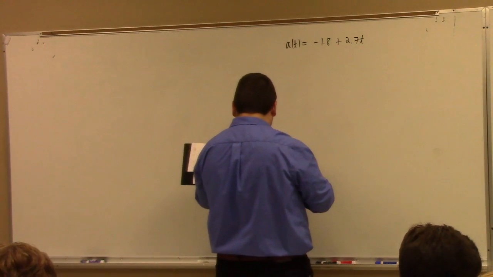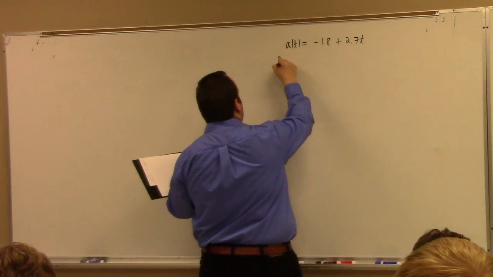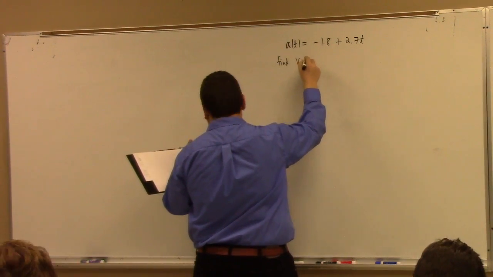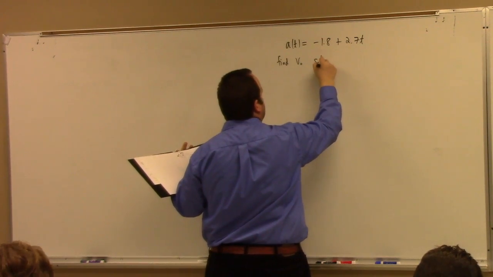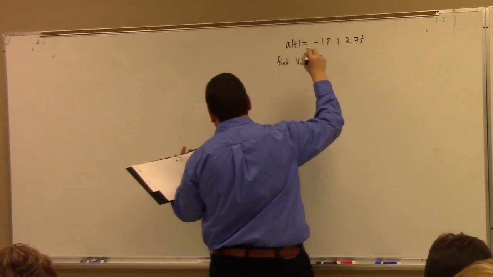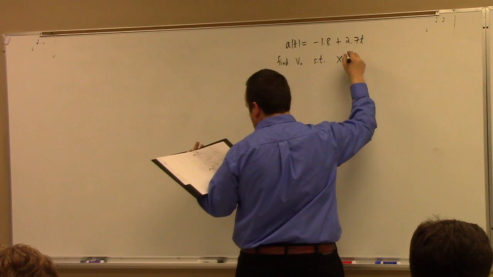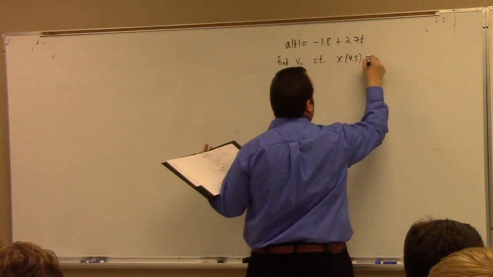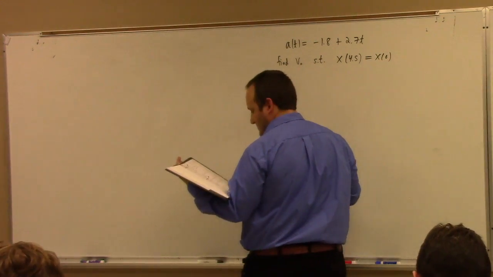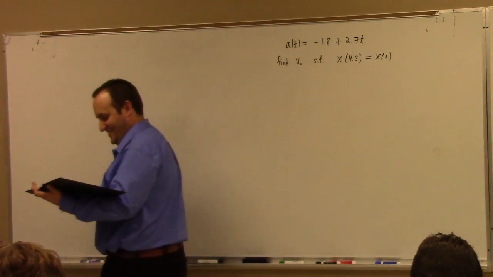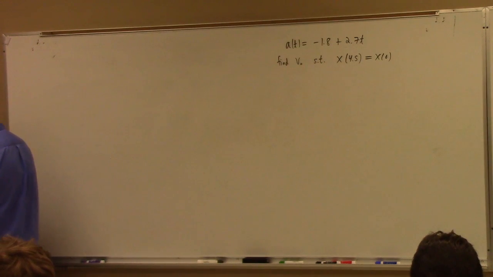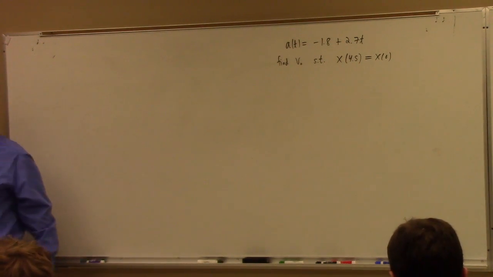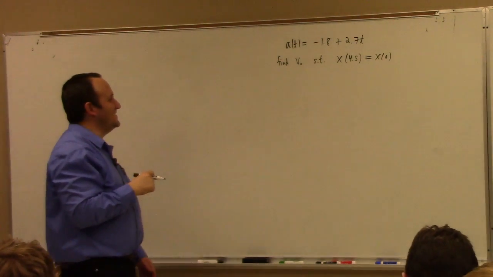And then we're asked, find the initial speed, find v naught, such that the particle will have the same x coordinate at time 4.5 as it does at time 0. Ooh, that's kind of fun.